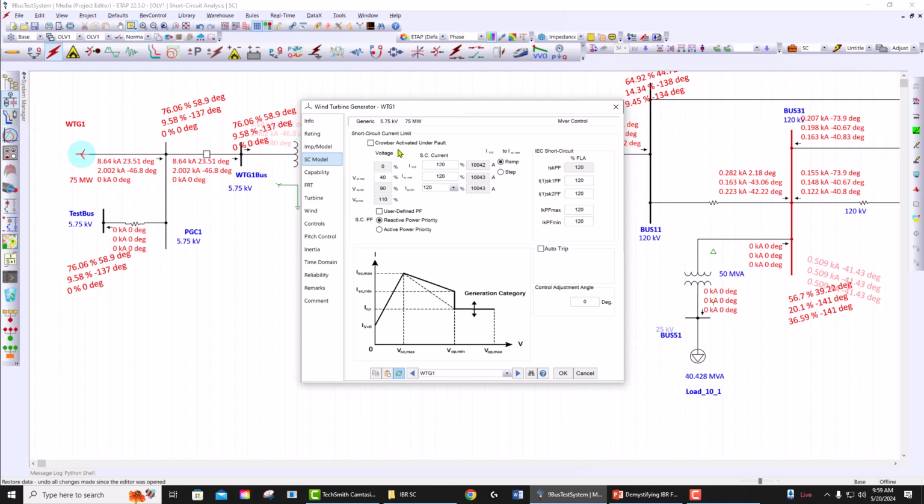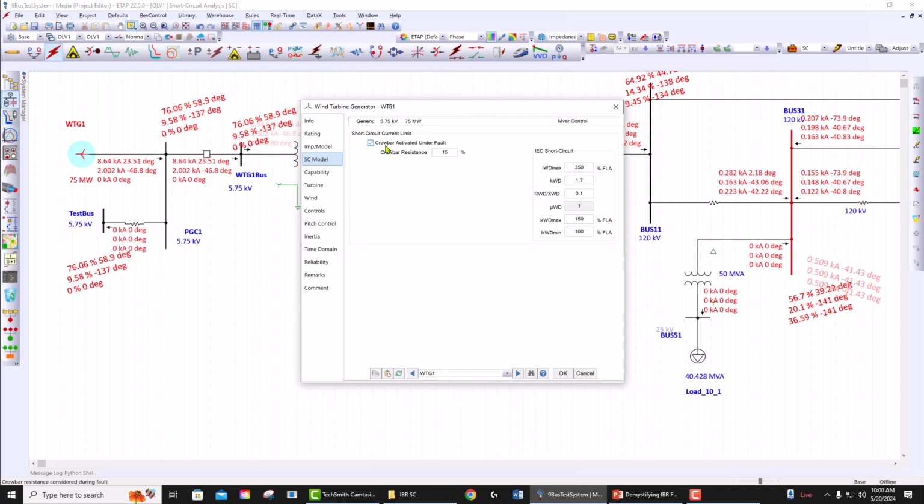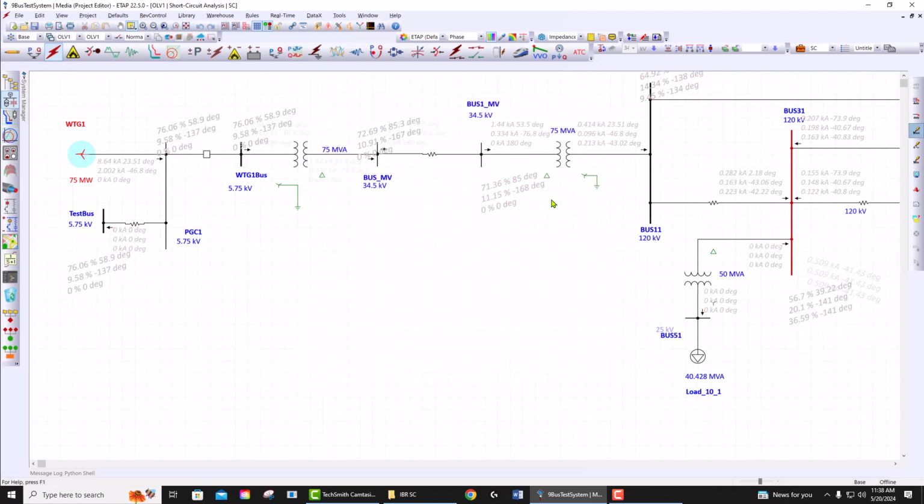Only for WTG type 3, you have these settings: if you want to see the short circuit current when the crowbar is activated, you can check this. You can put in your crowbar resistance, for all the currents related to the WTG when the crowbar bypasses the rotor of the wind turbine. Let's reduce this crowbar resistance to around 5%, for the sake of this study.